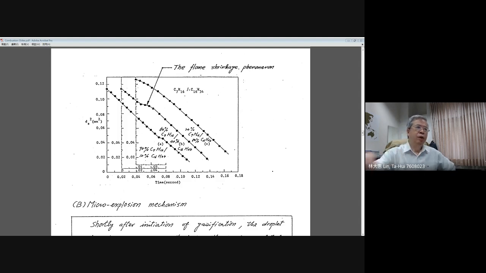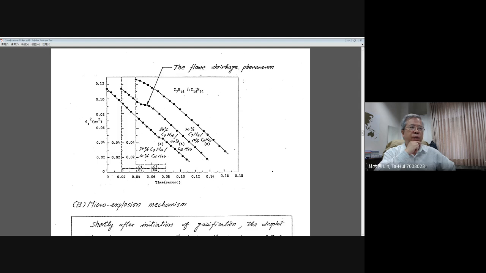And last time we gave you the example when you mix C7 and C16, two liquid fuels, together, because they are miscible and easy to mix together, but they have a big difference in boiling point. Actually, the boiling point of C16 is almost double that of C7.